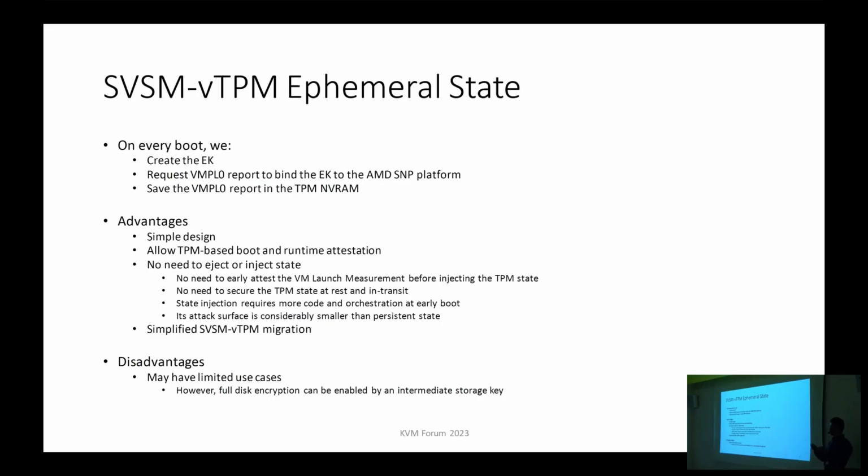We could create an intermediate storage key, and then seal the disk encryption key to that intermediate key, and have that key, for example, loaded in the initRD. The process is a little bit complicated, but it's possible.